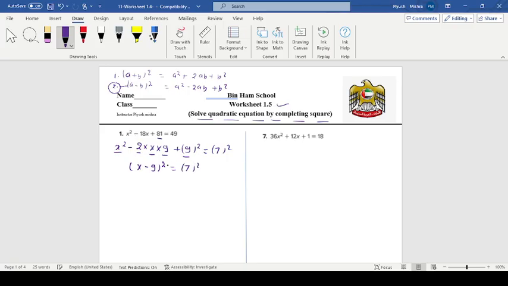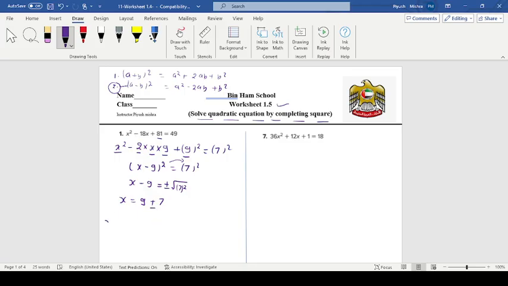Okay, now I will remove this square, and it will come under square root on this side. So I can write x minus 9 equal to square root of 7 square, plus minus. Whenever you are taking a square root, always plus minus will come. So x will be equal to 9 plus minus, and 7 square will give you 7, so I write 7.